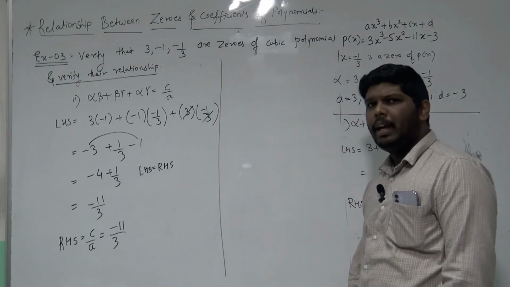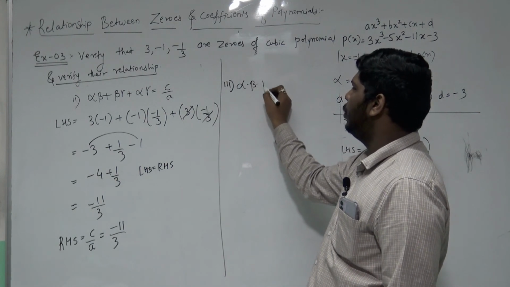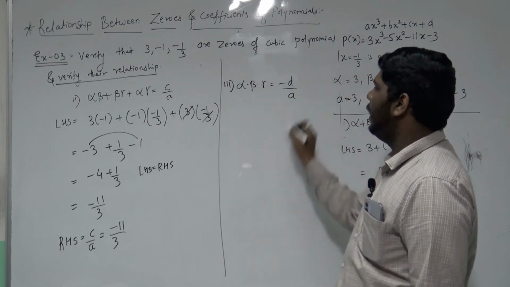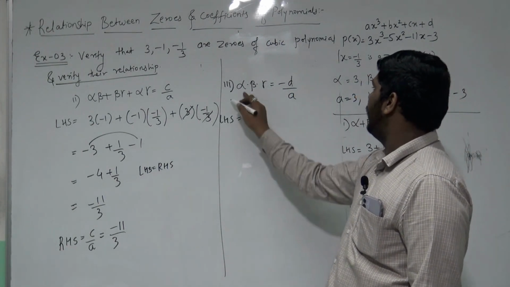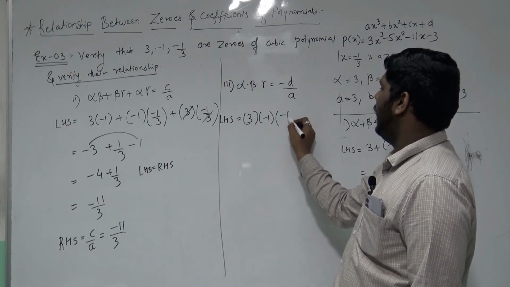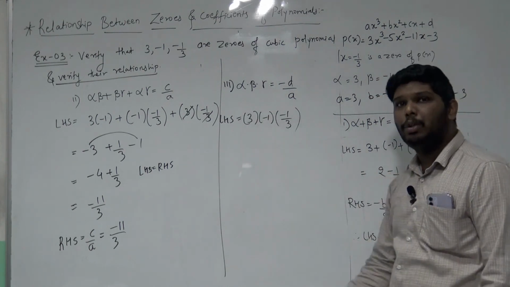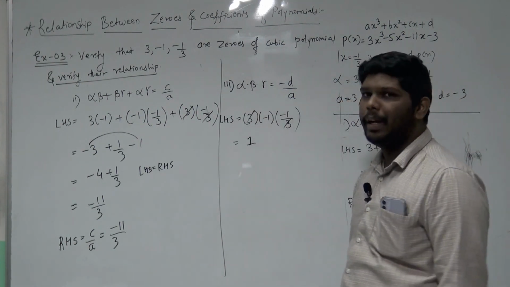Now let us move on to the third relationship. Third relationship says that alpha into beta into gamma should be equal to minus d by a, correct? So if you take the LHS, we have alpha is 3, beta is minus 1 and gamma is minus 1 by 3. In the multiplication, the 3s cancel, and minus of minus will give me plus 1.